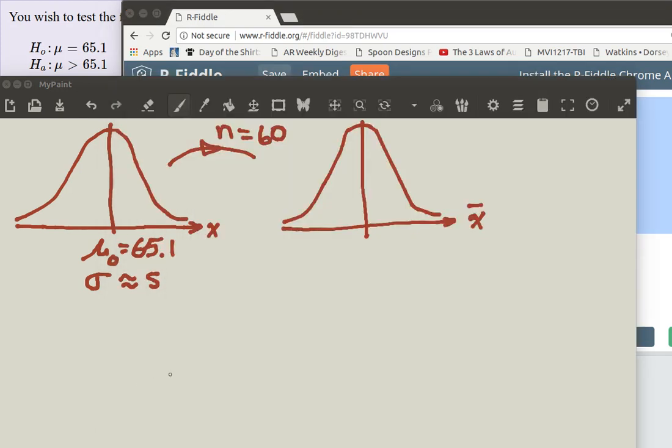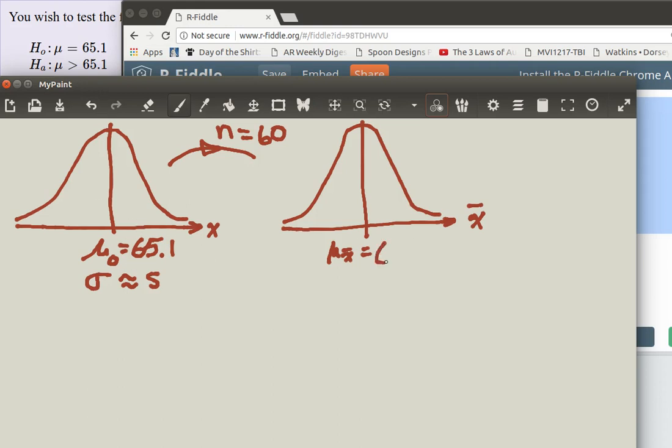Okay, now here's some things that we know. Because of the central limit theorem, when we look at this distribution of x bars, the mean of the distribution of the x bars, that's mu x bar, is going to be the same as the mean of the population that we selected it from.